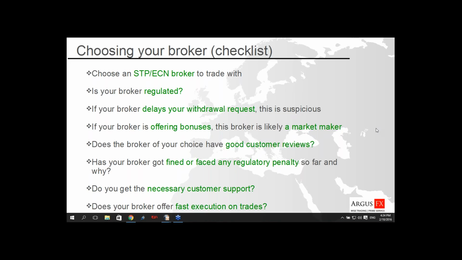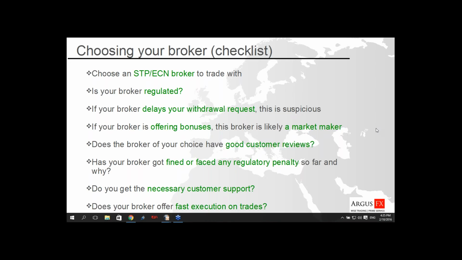So when you choose your broker, don't just get excited with the bonuses that they might offer you, with promises that cannot be met.